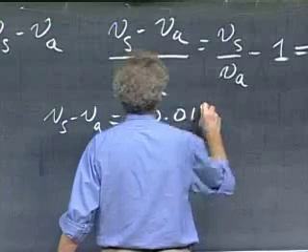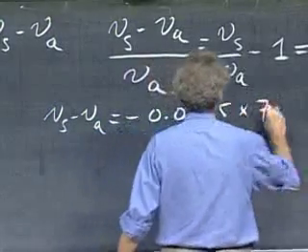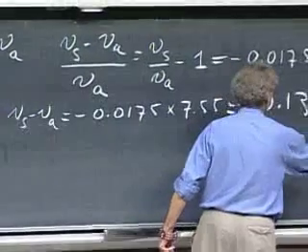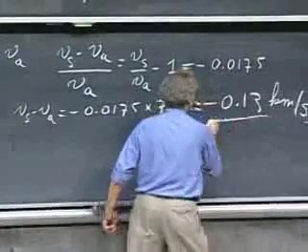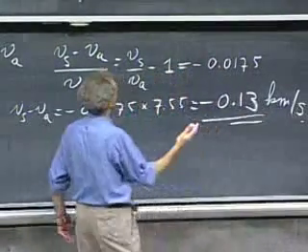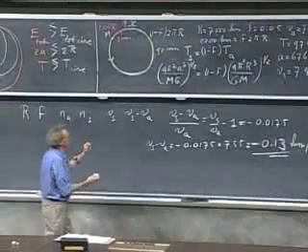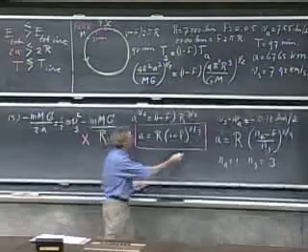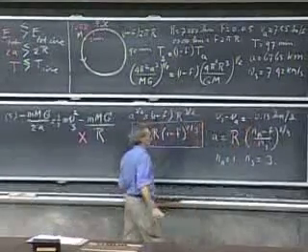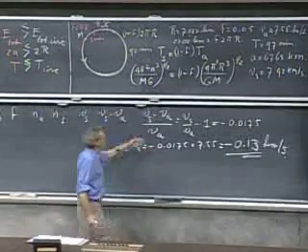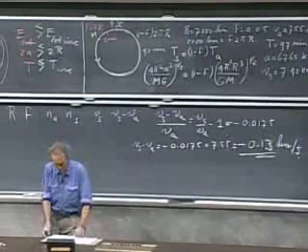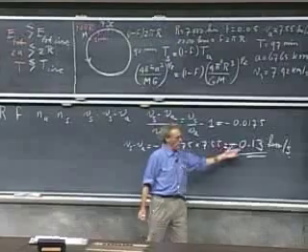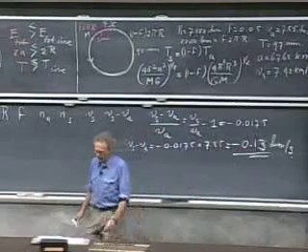So you get minus 0.0175 times 7.55 kilometers per second, and lo and behold, that is our minus 0.13 kilometers per second. Of course, it has to be that number because that's what we calculated for our case N equals 1. There it is. And so this dimensionless number is very transparent, and we will show you some examples. This would be the 300 miles per hour, which of course is not very doable.